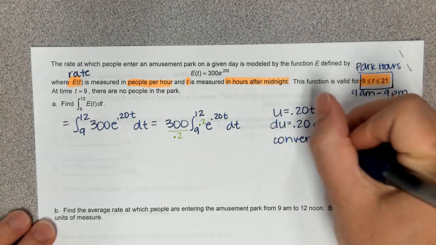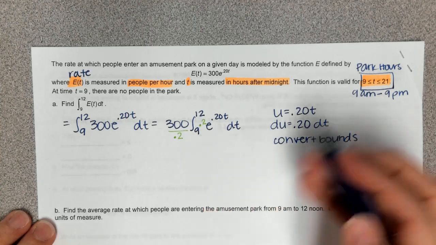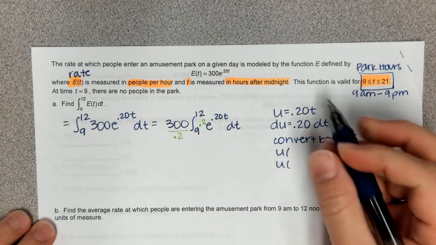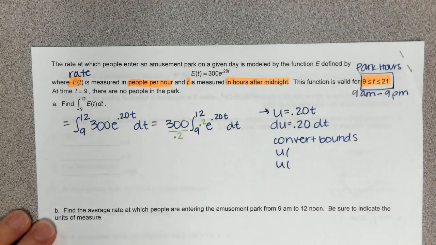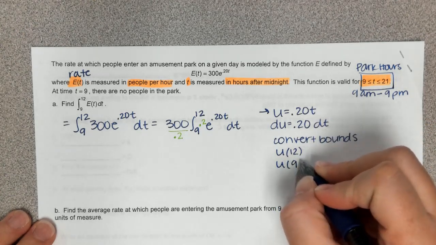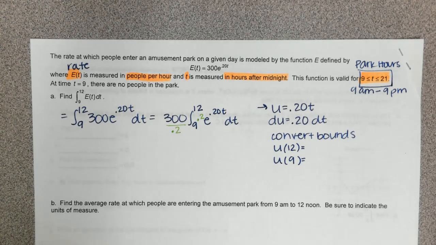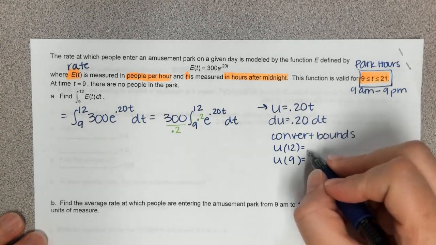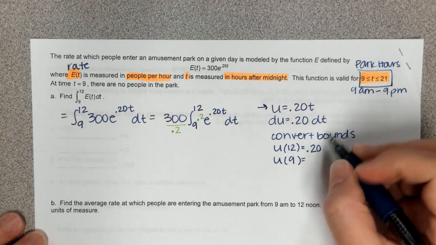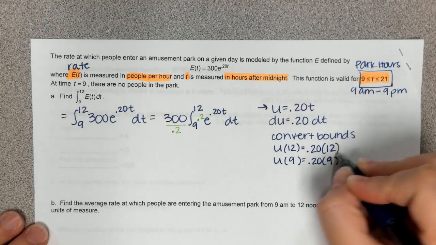If you said convert your bounds, you're correct. We've got to convert the bounds. So we're going to take the 9 and the 12 and plug those into this equation right here. So I need u of 9 and u of 12. You might want to pause the video and grab a calculator if you don't have one. So I need a fifth of 12 and a fifth of 9. 0.2 is 1/5.